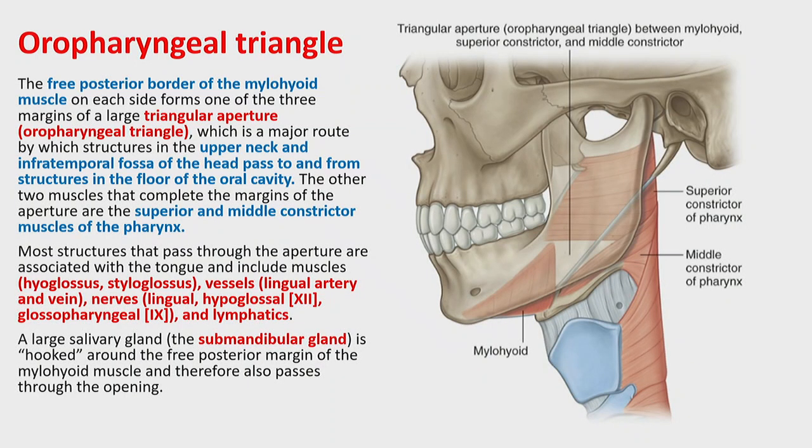This oropharyngeal triangle that I mentioned, that several structures pass through, is the triangle which is between the mylohyoid muscle, the posterior aspect, the superior constrictor muscle of the pharynx, and the middle constrictor muscle of the pharynx. Yes?